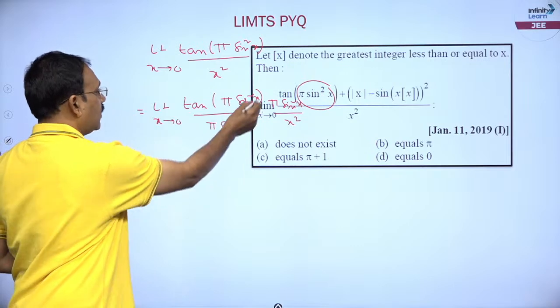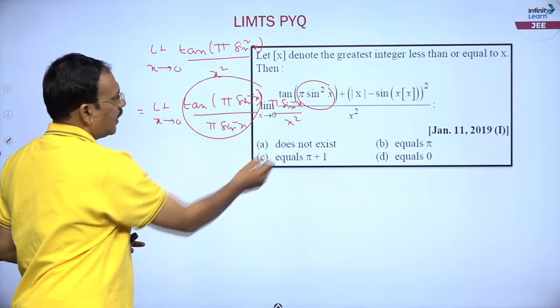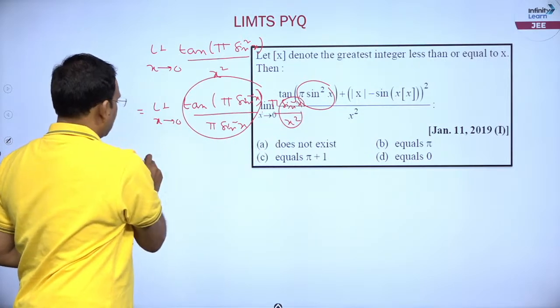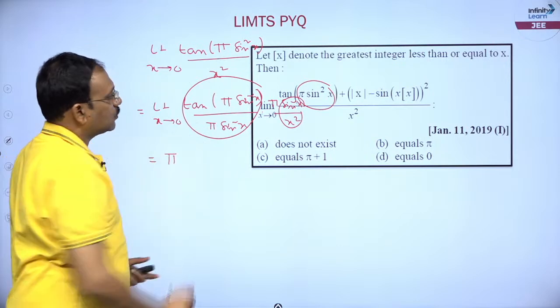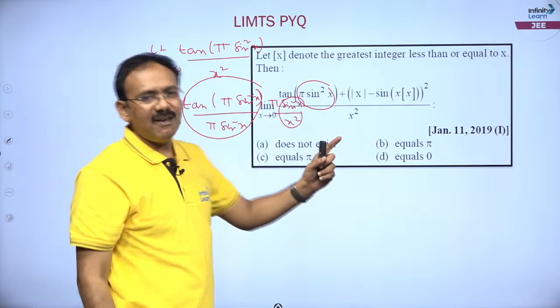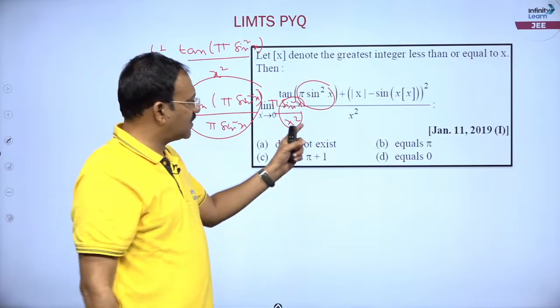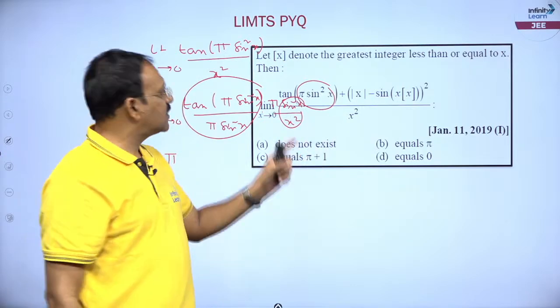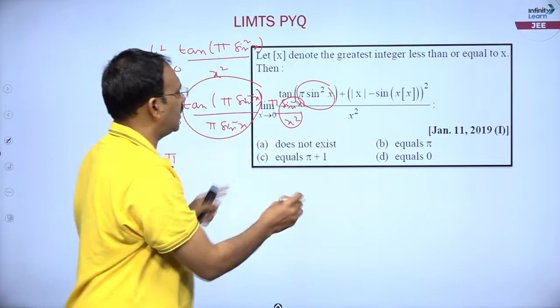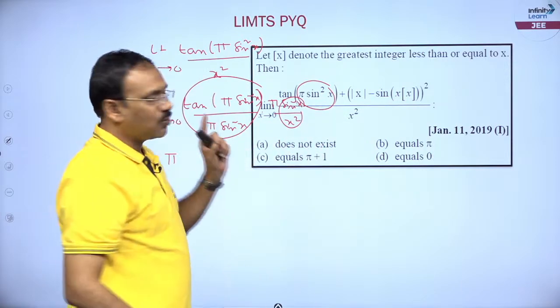This is going to be 1 and this is going to be 1, so pi. If the limit does not exist, I cannot split. Suppose this part is going to be pi.